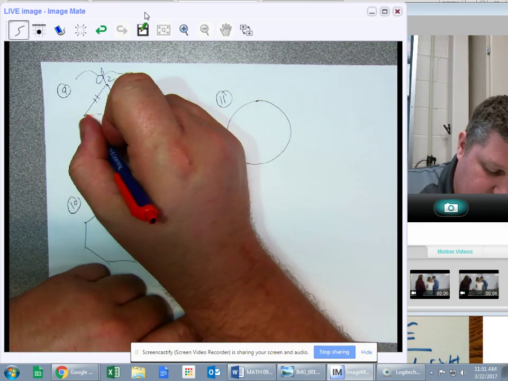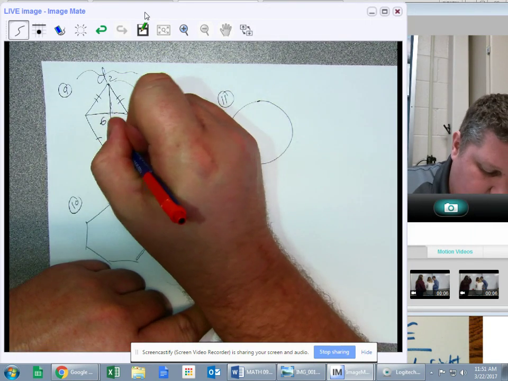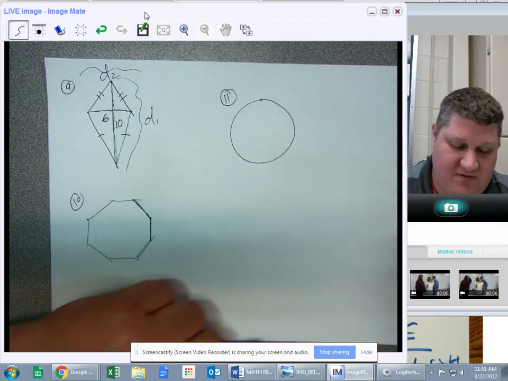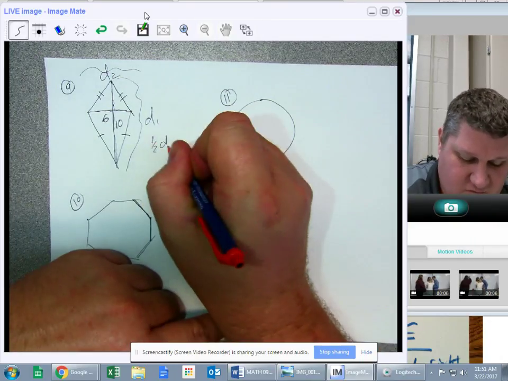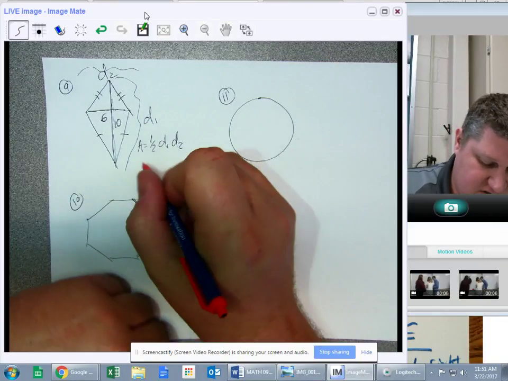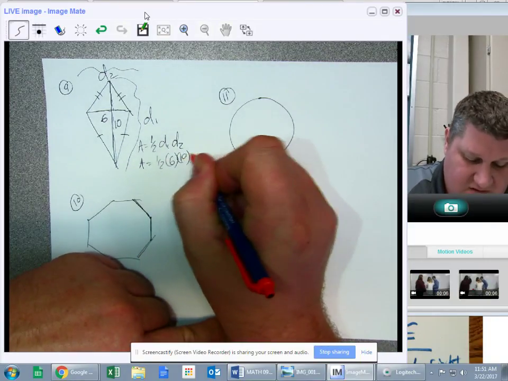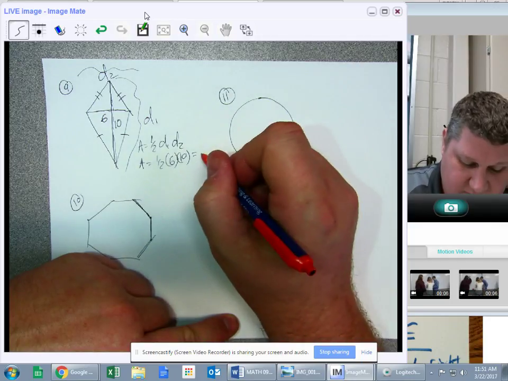So if I tell you diagonal 2 equals 6 and diagonal 1 equals 10, the formula for this is 1/2 d1 d2. Area equals 1/2 d1 d2, so area equals 1/2 of 6 times 10, so 1/2 of 60 is 30.